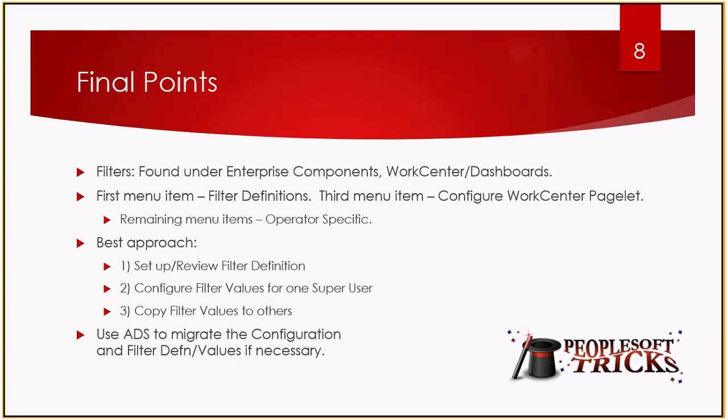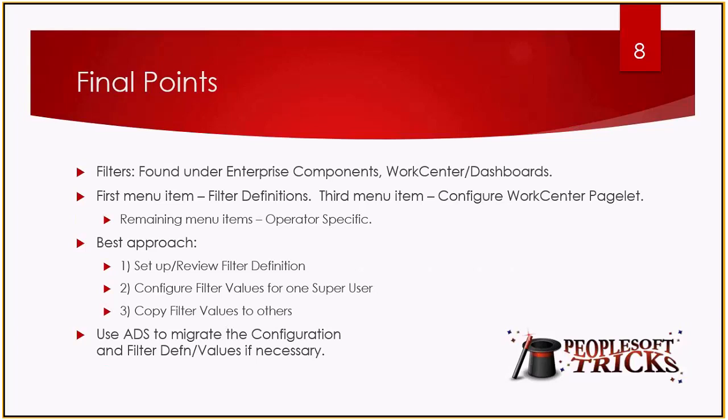So some final points as we wrap up the training today. Filters are found underneath the Enterprise Components, WorkCenter Dashboard, Portal Structure, and Content menu. The first item is filter definitions, and that third item on the menu is Configure WorkCenter Pagelet. All the rest are going to be operator specific.